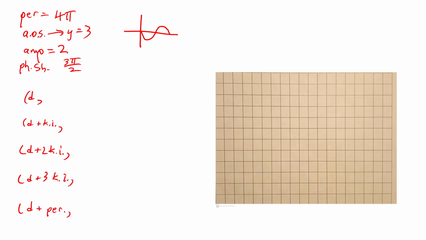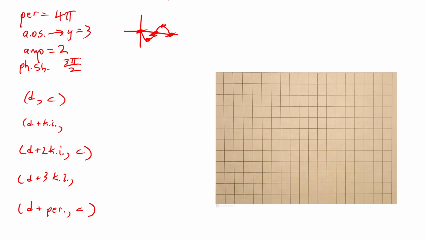Now, in terms of our y-coordinates, we want to say to ourselves, of these 5 key points, which I'm exaggerating here on that little graph, which ones are on the axis of symmetry? I would say the first, the third, and the fifth are on the axis of symmetry. So those are all going to have y values equal to c, in other words, the y value of the axis of symmetry.